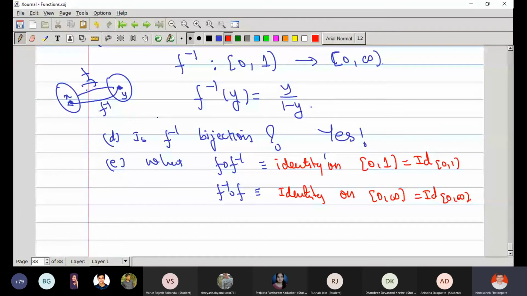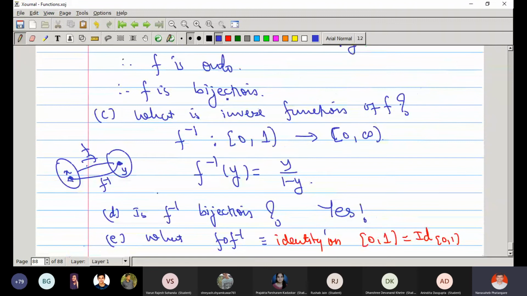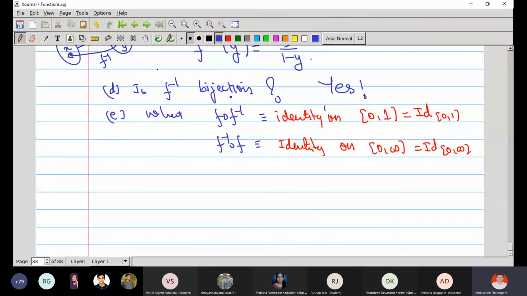What do you mean by inverse function? If I define a function from R to (-1, 1), f of x is equal to x upon the square root of x squared plus 1.